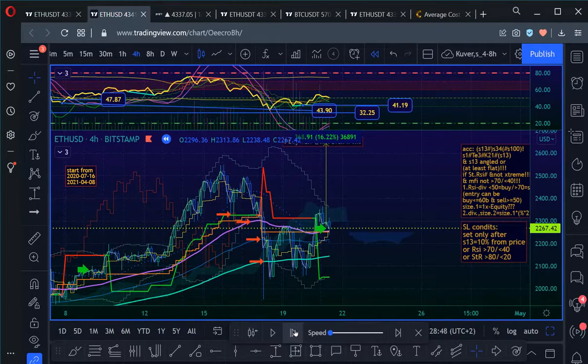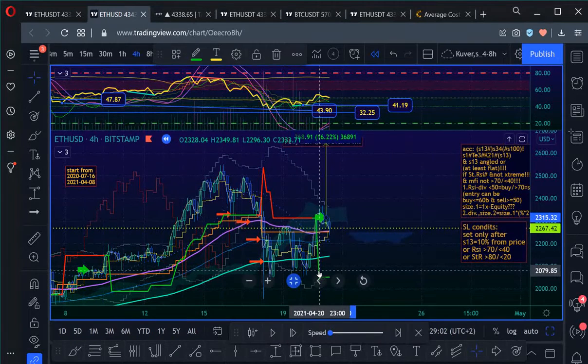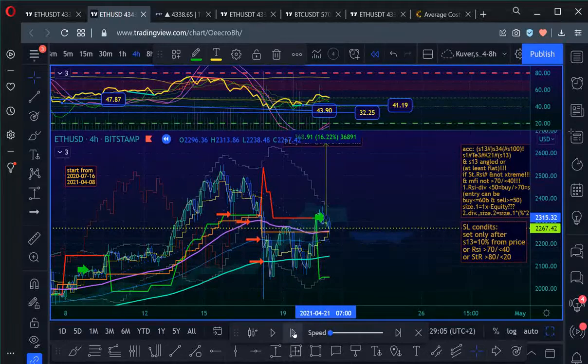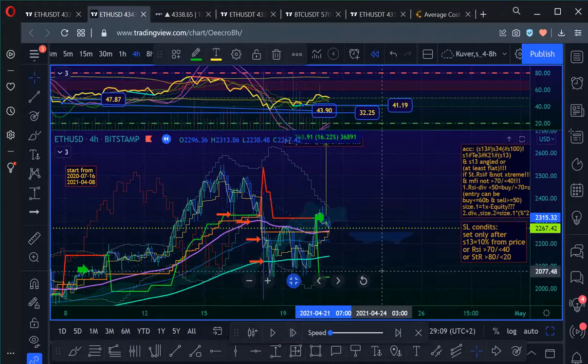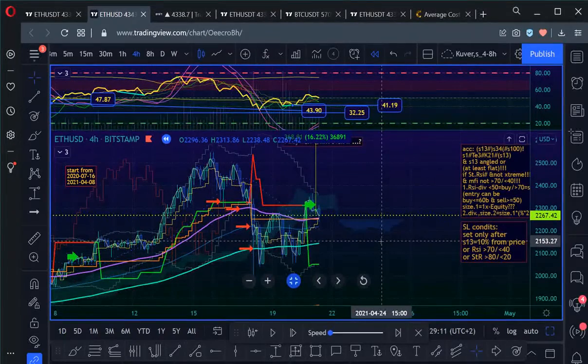So actually here in this candle already they're kind of broken. So you could say entry should be as soon as we break the high of this candle. There you could put your entry, I would say. And we will discuss the stop loss in a second, or we can discuss it here already.